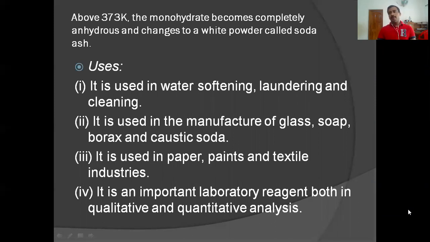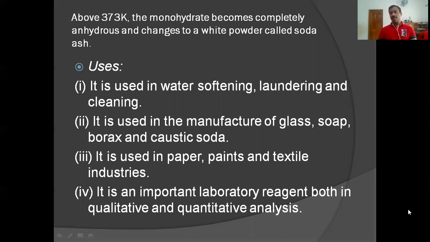In the case of washing soda, Na2CO3·10H2O, on strong heating, above 373 Kelvin, it completely loses its water of crystallization and becomes anhydrous. It changes to a white powder called soda ash.